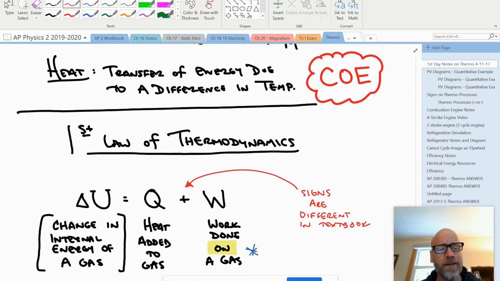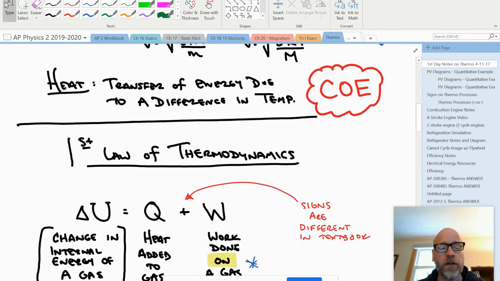What does that mean? Well, to change the internal energy of a gas, if I add heat to a gas, what would happen to the internal energy? Well, yeah, it will go up. What if I do work on a gas? Now, how do I do work to something? I can do work by pushing against it. Right? If I push against something, I apply a force over a distance. What happens if I do work to a gas?